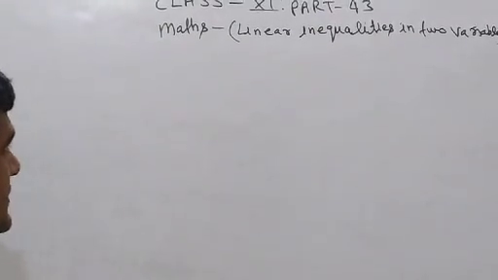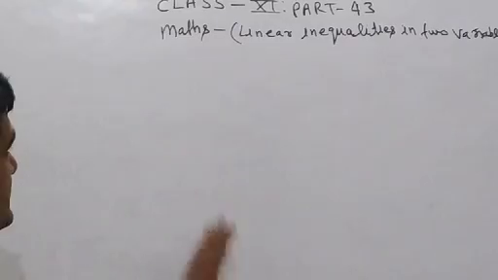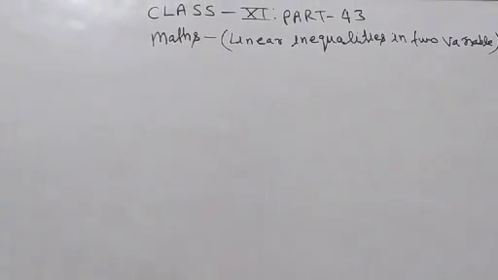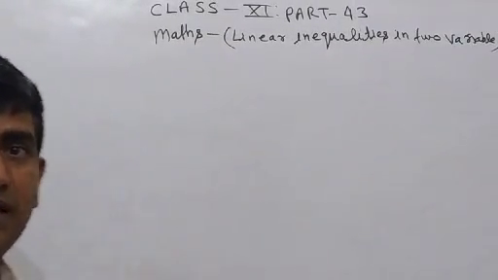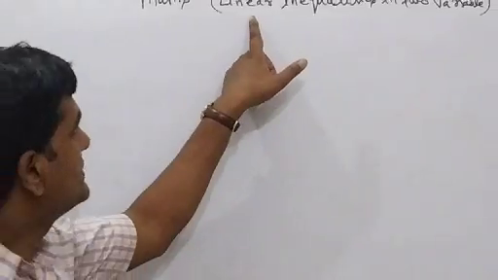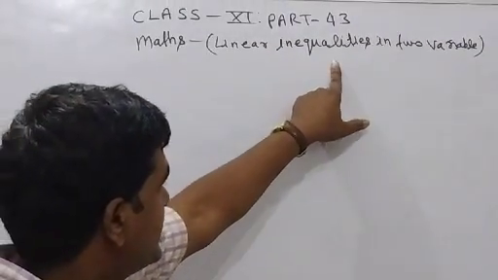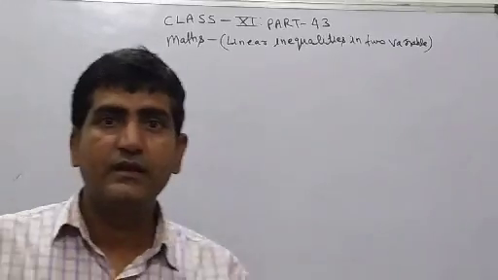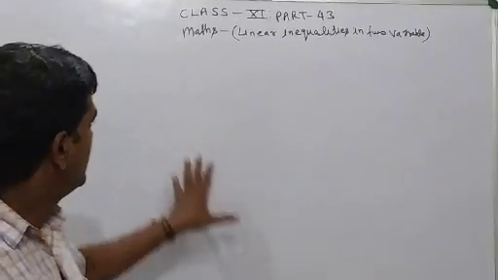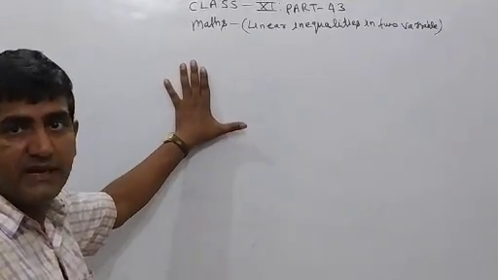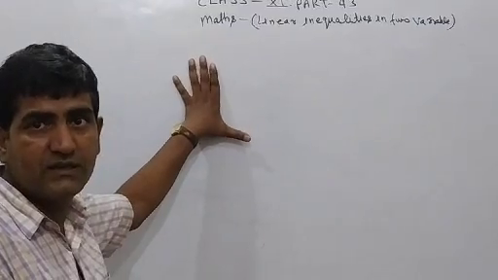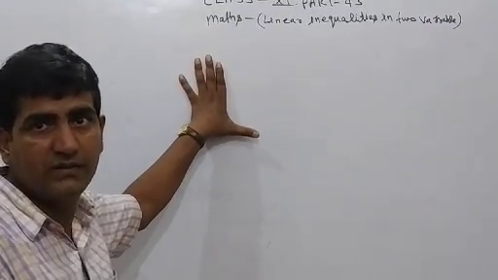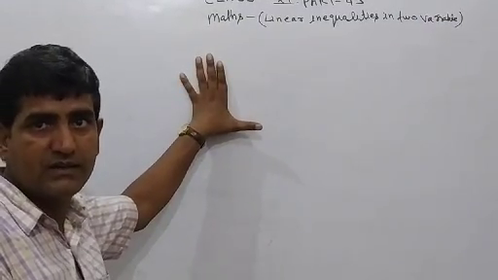This is my part 43. In this part, I have to explain linear inequalities in two variables. As you know, in class 10th you have completed linear inequalities in one variable with the graph also.